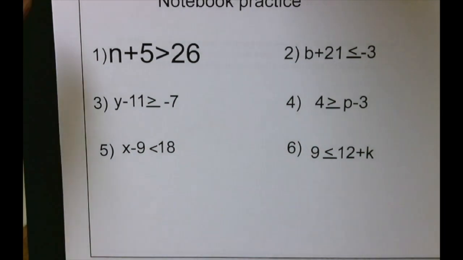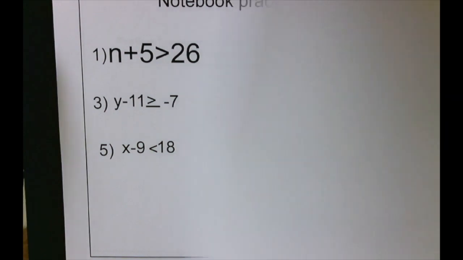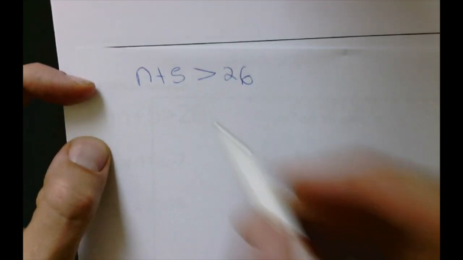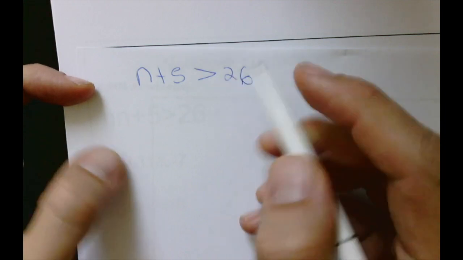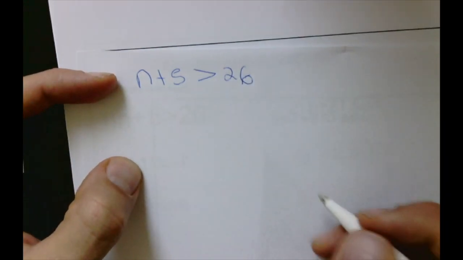Let's begin with number 1. We have n plus 5 is greater than 26. Feel free to pause the video and try this on your own if you need help, or if you need more time. I have n plus 5 is greater than 26. To solve this problem, I'm going to change one thing.